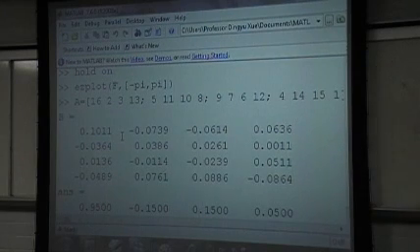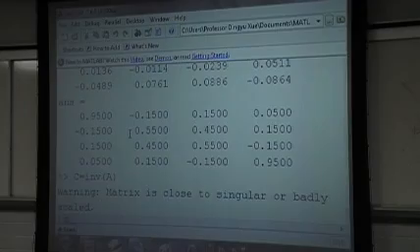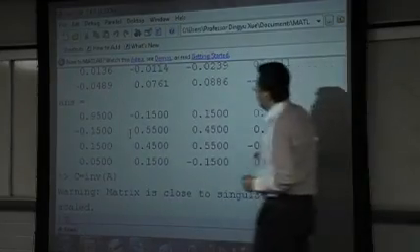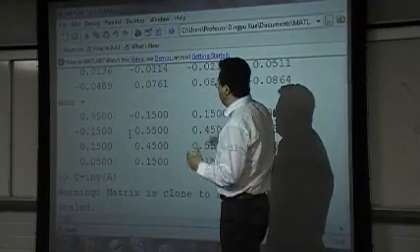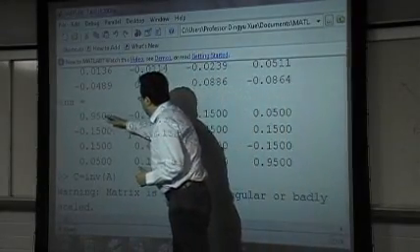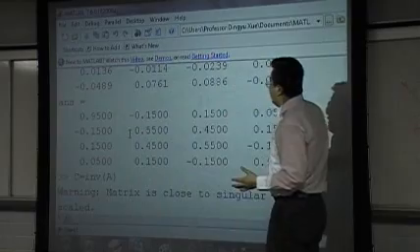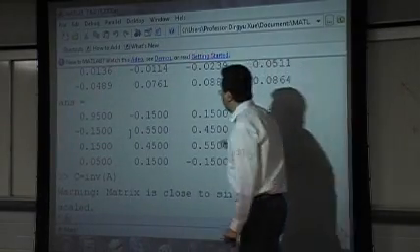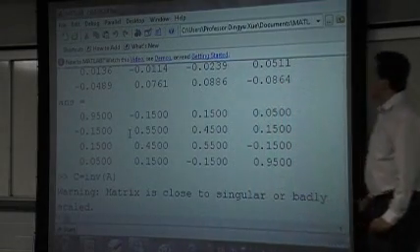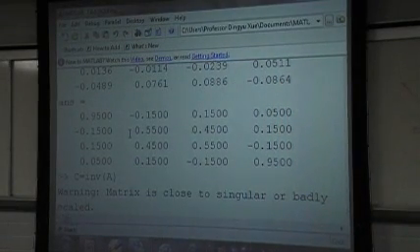And if we multiply A and B together, what we will get is something like this. If we did the inverse, we will get the identity matrix. But if we want to get the pseudo-inverse, we will get something like this. It is no longer an identity matrix. But it does minimize the error in the linear equation.